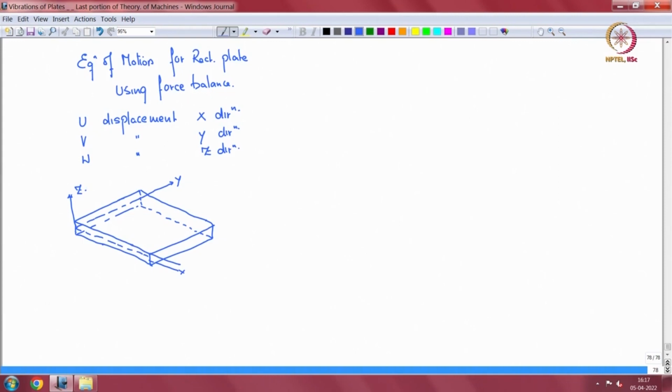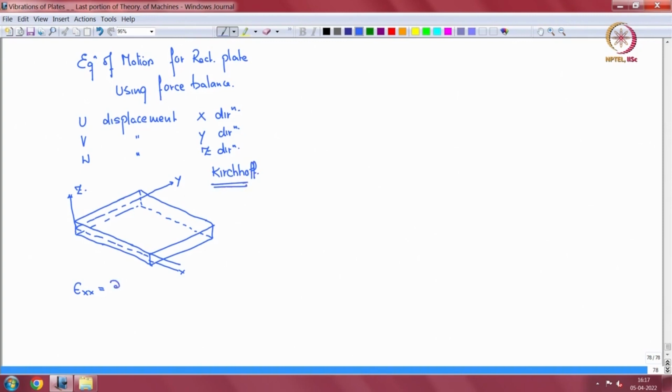Okay. So then epsilon xx, so I am going to use the Euler-Bernoulli, or in this case the Kirchhoff set of assumptions. Okay, this is Kirchhoff plate theory.